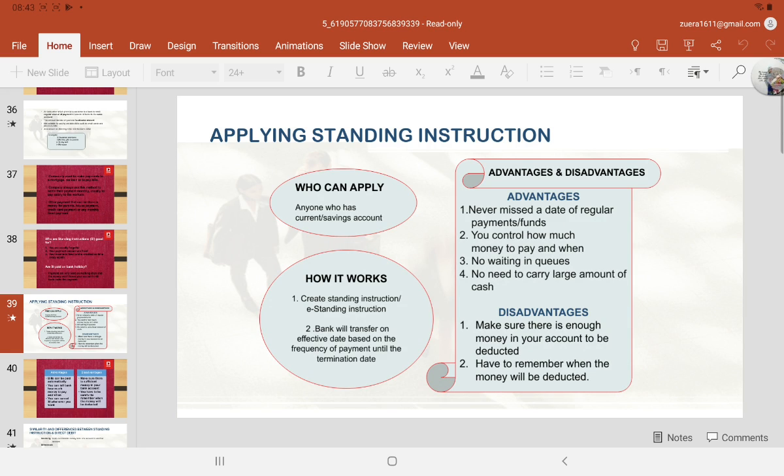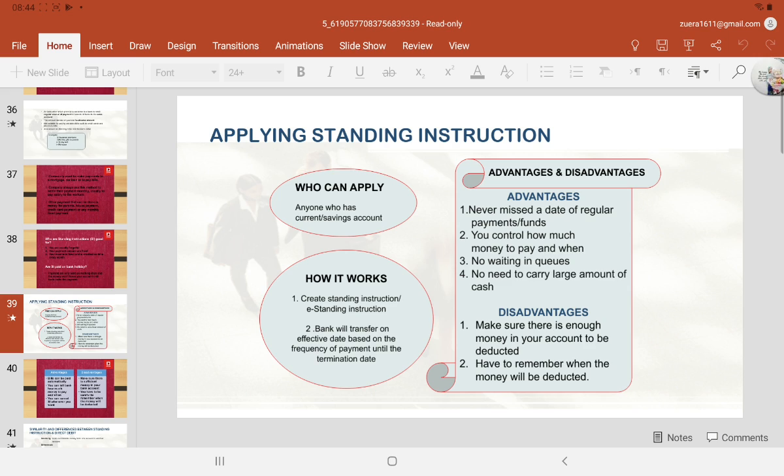So how can you apply for the standing instruction? Anyone that has a savings account or current account can apply. So how does it work? You have to fill in the instruction form, either manually or online.